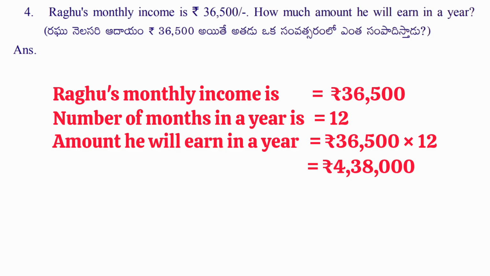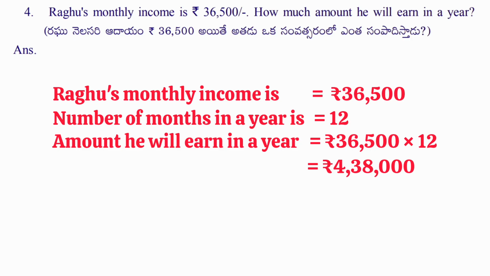Then the amount he will earn in a year means 36,500 multiplied by 12. You have to do the multiplication of 12 with his actual monthly income, then you will get the amount he earns in a year. So how much does he earn in a year? 4,38,000. This is the amount he will earn in a year.